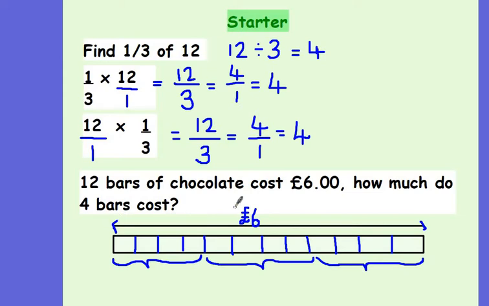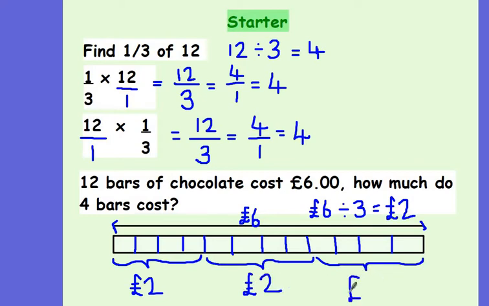So I need to divide my 6 by 3, £6 divided by 3 gives me £2. So we know that 4 bars is going to cost £2, because £2 plus £2 plus £2 gives me £6.